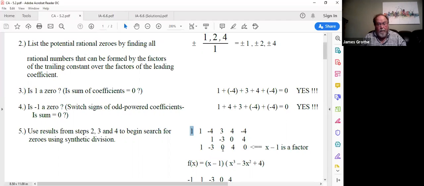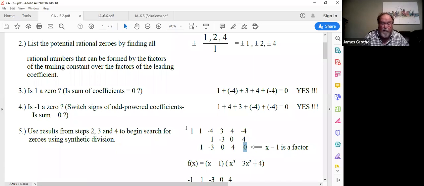Adding, I got 0. 0 times 1 is 0. Adding 4 to 0, I got 4. 4 times 1 is 4. And finally, -4 plus 4 gave me 0. This 0 at the end told me that 1 was a zero of the polynomial.